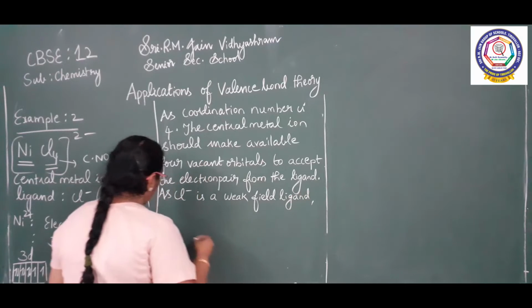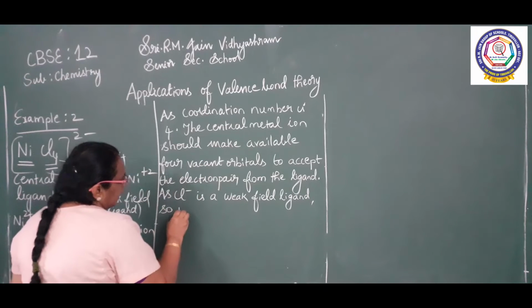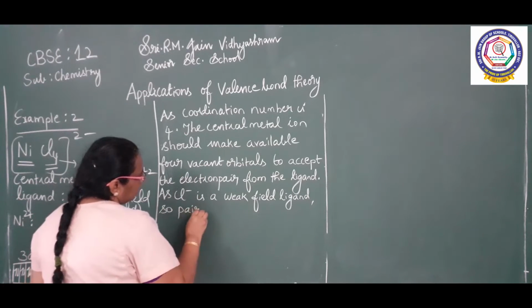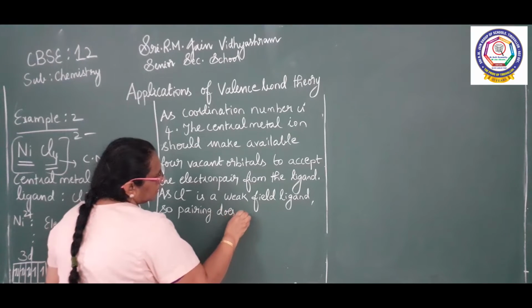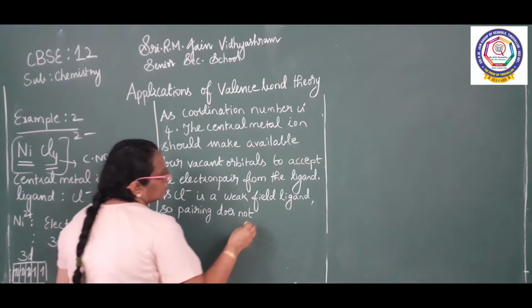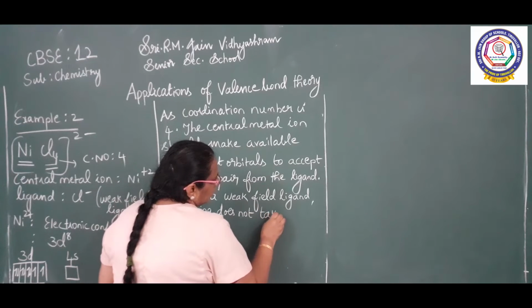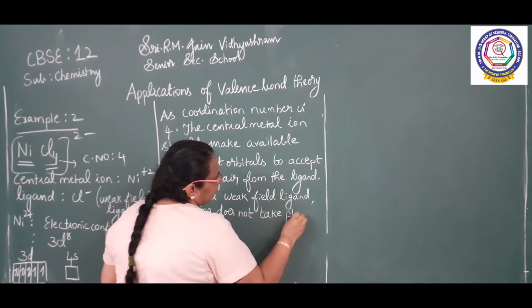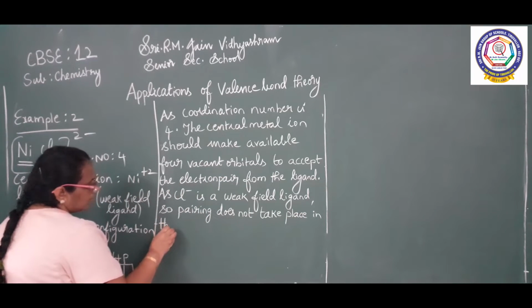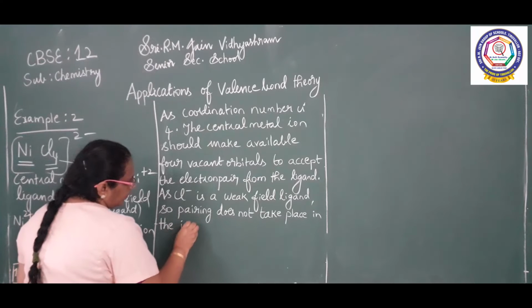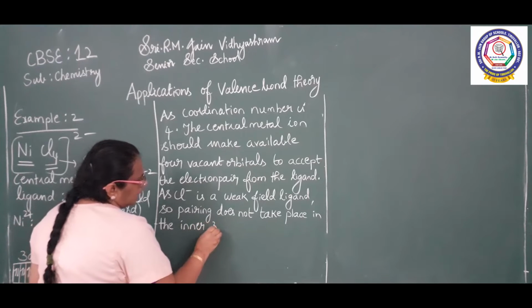So pairing does not take place in the inner 3d orbital.